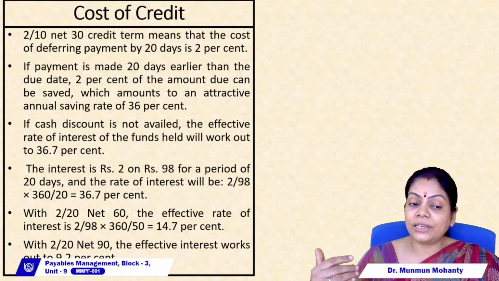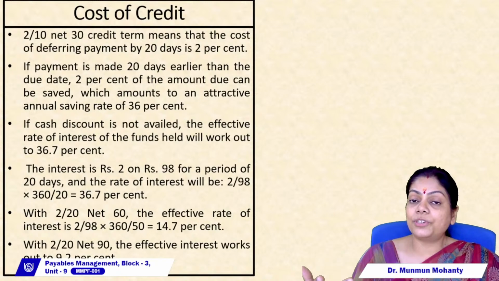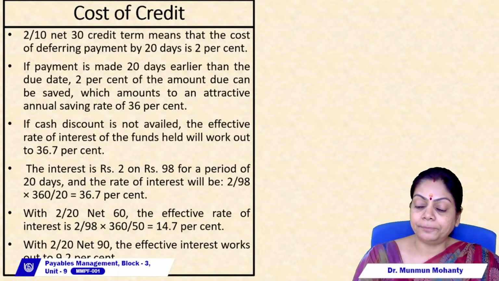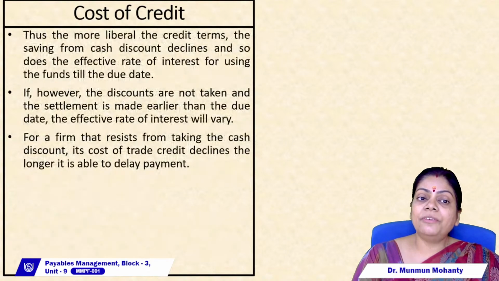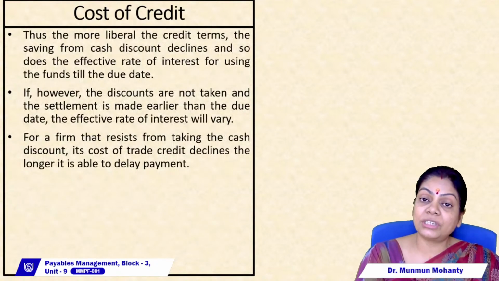So he has no motivation to make early payment. So the more liberal the credit term, the more the savings from the cash discount decline.